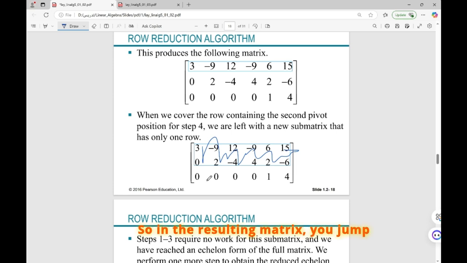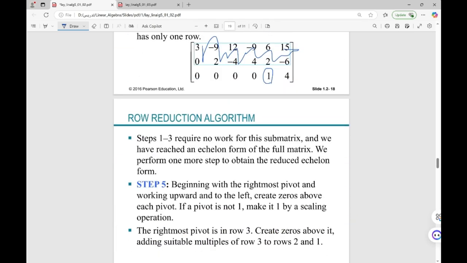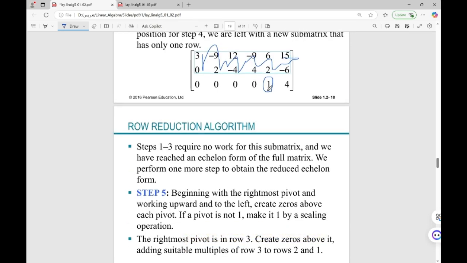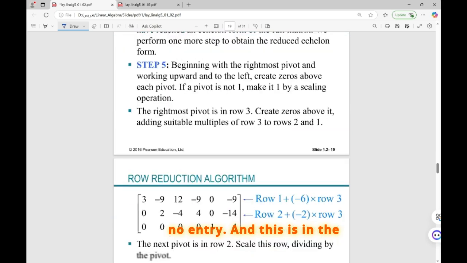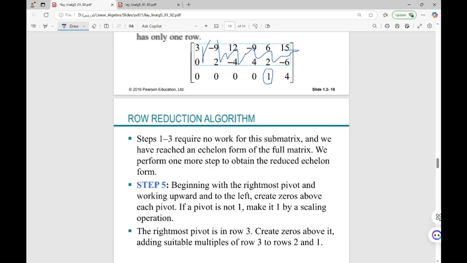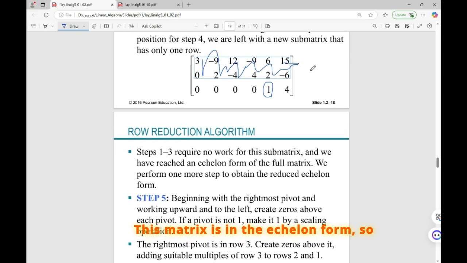So in the resulting matrix, you jump over 0 columns, and this is the first non-zero column, which is a pivot column, and make the entries underlying the top entry 0, which is no entry, and this matrix is in the echelon form.